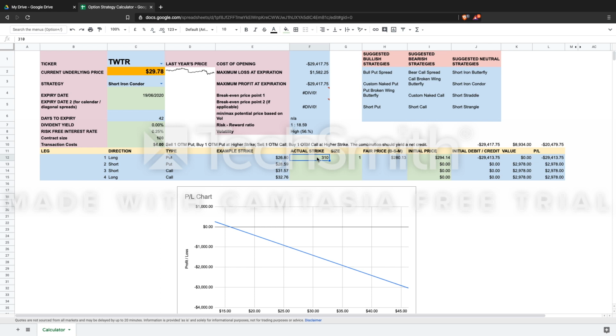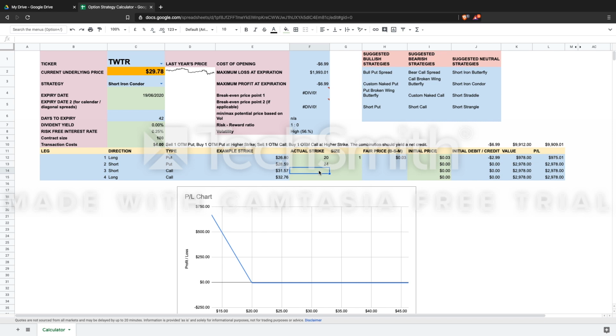Let's go ahead and select the prices. So let's say that we buy a put at $20, sell a put at 24, sell a call at 34, and buy a call at 38, and we buy one of each.